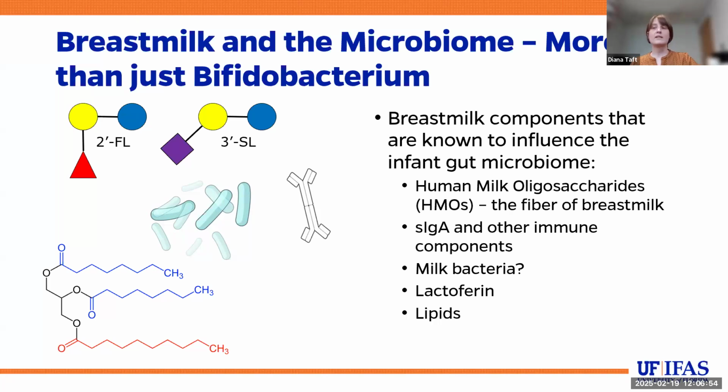These include things like secretory IgA and other immune components that can very directly shape the infant gut microbiome, to more controversial ideas like the bacteria in milk. You tend to have very low levels of bacteria in milk, and it's not completely clear to me if they are truly important to shaping the infant gut microbiome or if they're more incidental.